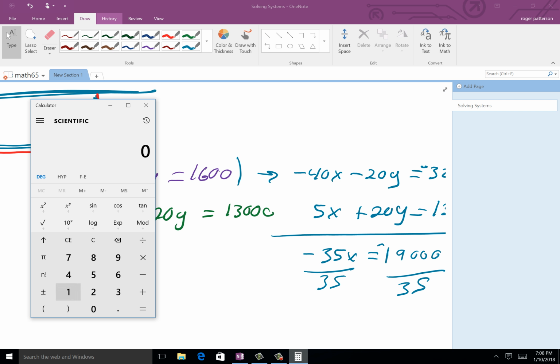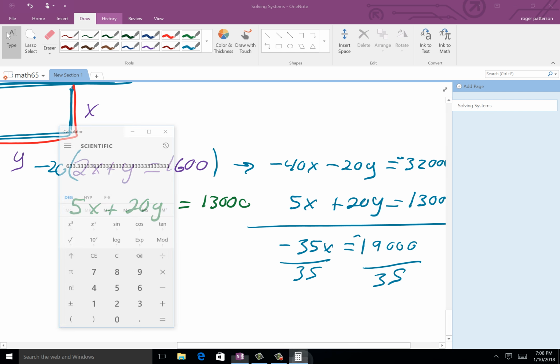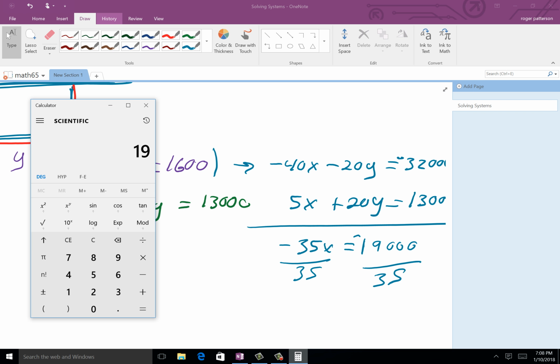I'm going to try something here. 19000 divided by 3 equals... No, doesn't make any difference. Okay, I'm going to do it. So let's see, 19 is 1, 2, 3 divided by 35 equals 542.